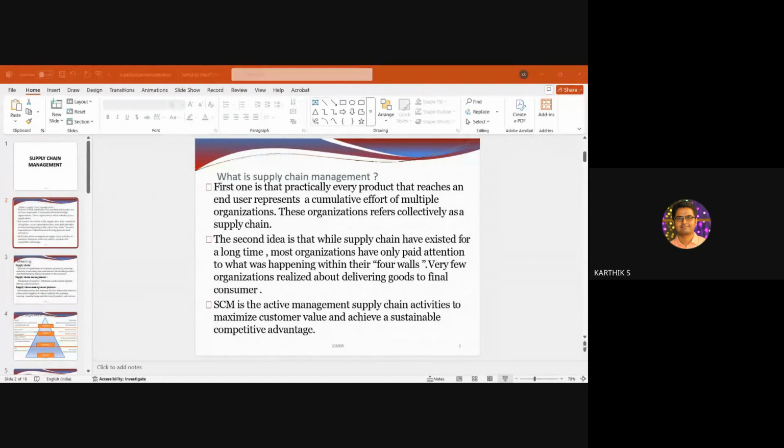Let's say raw material is procured from some vendor, so there must be supply chain management applied between the vendor and the company, the procurement department in the company, let's say the melting department. Because when a raw material is procured, in the example of a foundry, it comes to the first department before melting.